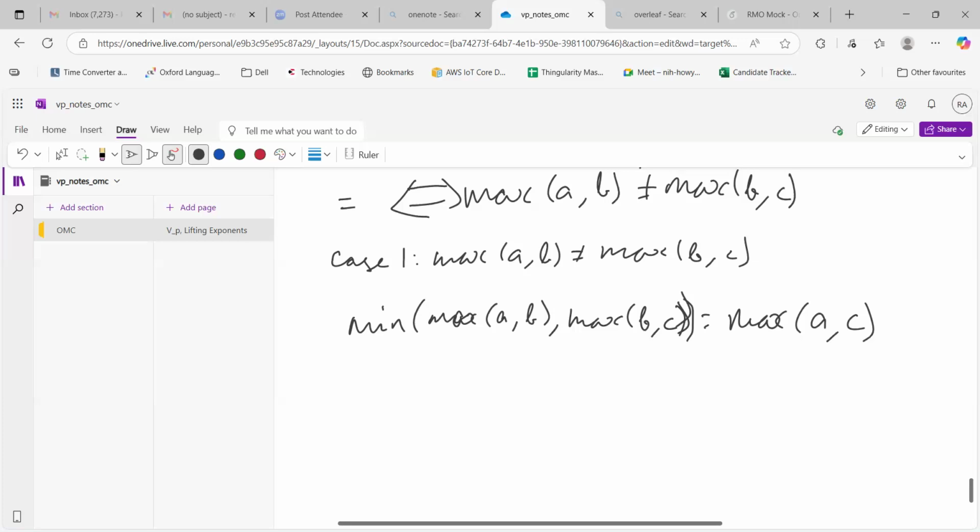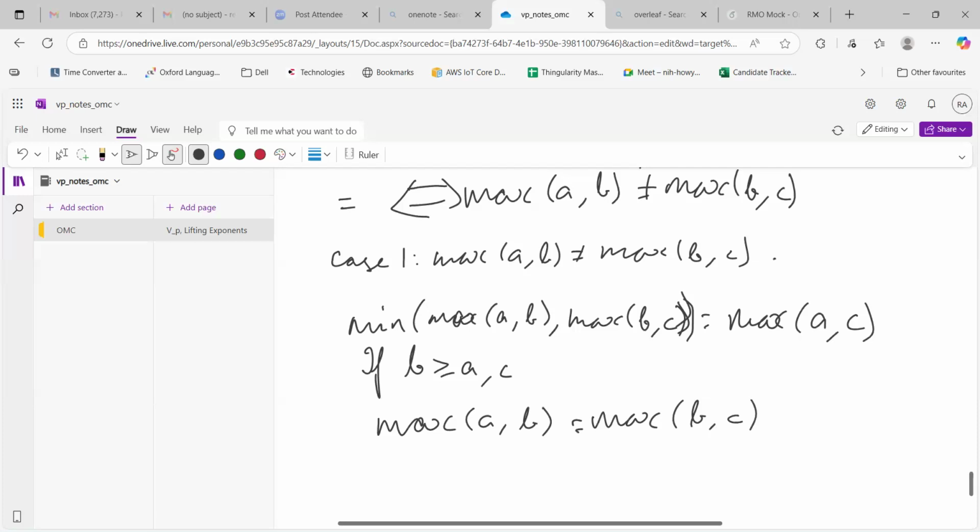But what would that give us? The 0 would not have been greater, right? Since max of A comma C would be less. Exactly. First of all, if B was greater than or equal to both of them, then max of A comma B would be equal to max of B comma C. That's a contradiction to this, right?